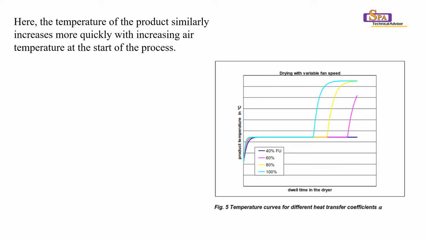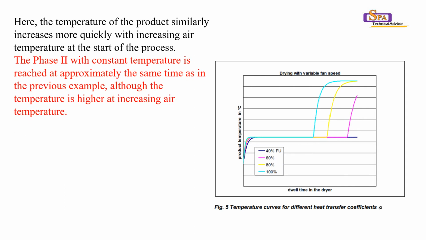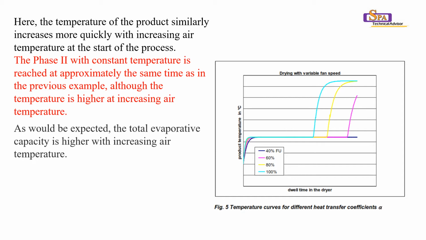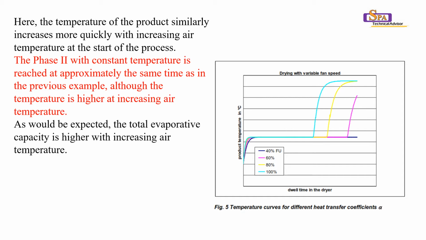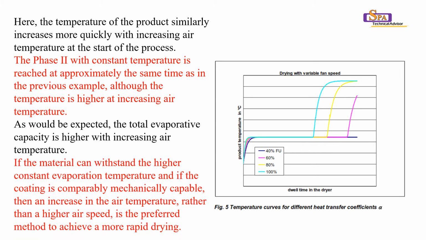See a chart here. The phase 2 with the constant temperature is reached at approximately the same time as in the previous example. As would be expected, the total evaporative capacity is higher with increased air temperature.